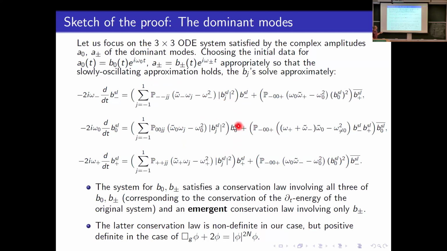What we would like the system to do is transfer energy from low frequencies to high frequencies. That's a very definite statement about the eigenvalues of the corresponding matrix. Now, what are these eigenvalues? I don't have a general answer. For this particular system, with this combination of derivatives and so on, we can prove that this linear system is essentially linearly unstable around the solution where B minus and B plus are 0 and B0 is non-zero.